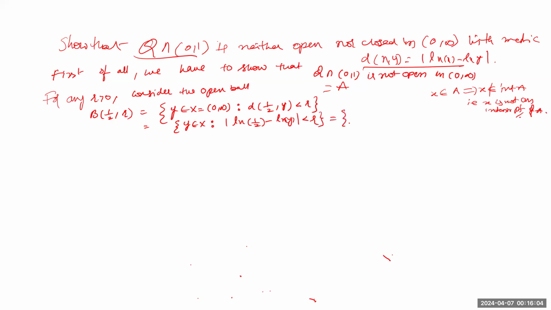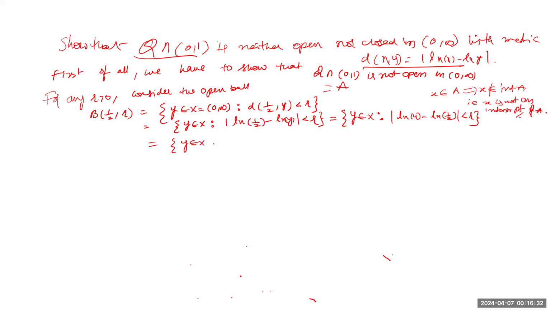So I can write that as the set of all Y belongs to X such that, for the sake of convenience, I need to change the Y and 1 by 2 positions. That is modulus of ln Y minus ln of 1 by 2 is less than R. So what is that meaning?